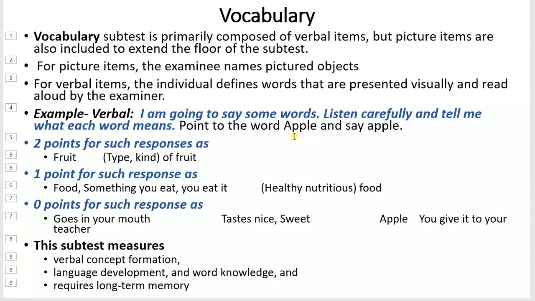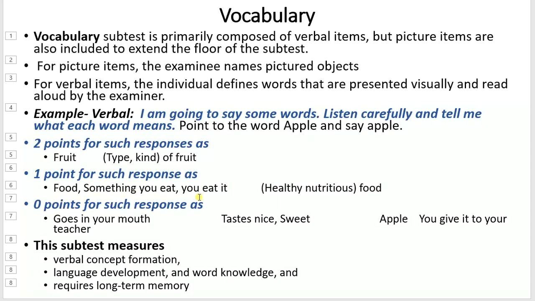and then the subject will try to define. If he says fruit, or a type or kind of fruit, then it suggests that he has some understanding of the word apple, and 2 points are given. This is not an exhaustive list of responses. 1 point is given for responses such as food, something you eat, so at least they know that apple is edible.